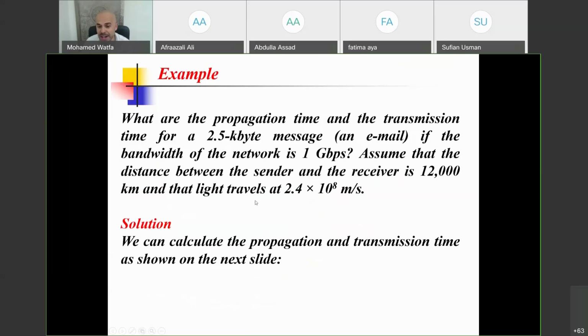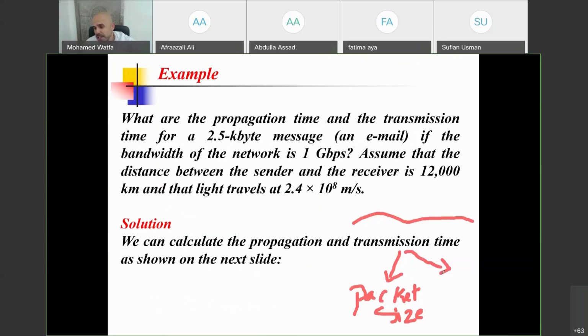Now, transmission time depends on throughput, basically, and the packet size. So this depends on how big my packet is, how big what I'm sending. If I'm sending a 1 terabyte file divided into smaller packets, how big is each packet? And it depends on my throughput.